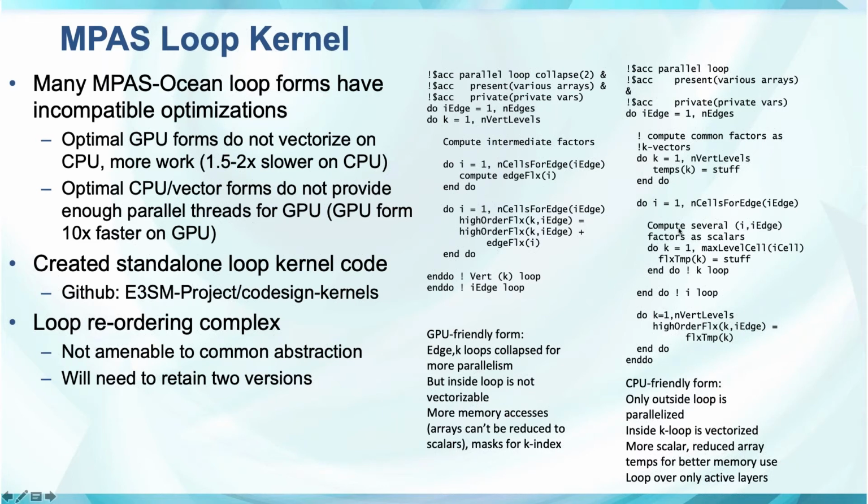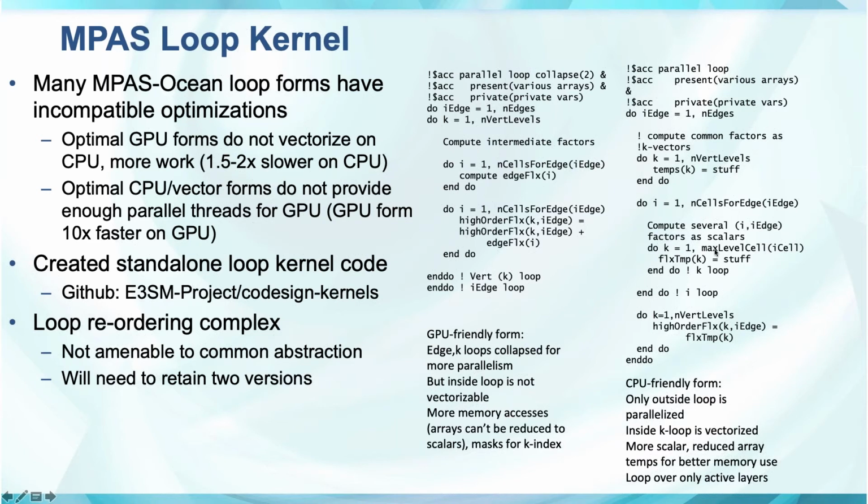So the code on the right is one that we had optimized for traditional CPUs, where since a lot of the activity for this loop is occurring in the horizontal, we can push the vertical as the inside of the loop and we can get a vectorized inner loop.